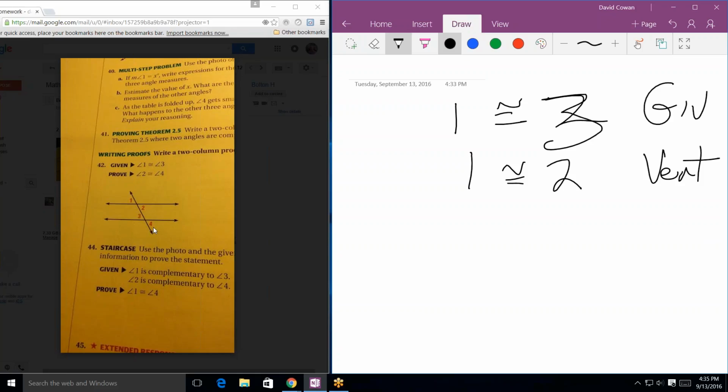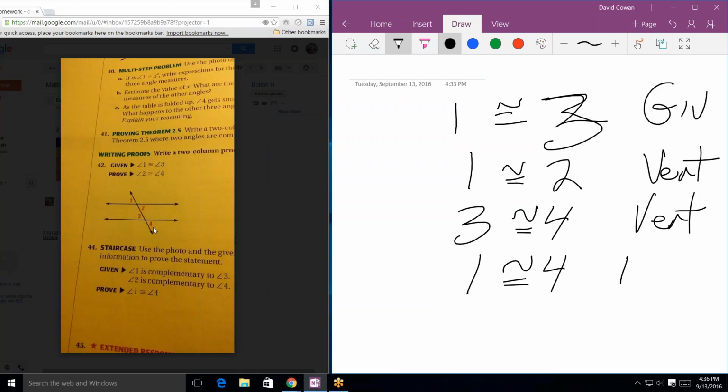And the next step we said was that 3 was congruent to 4 because of vertical angles. And that means that if 1 is congruent to 3 and 3 is congruent to 4, then 1 is congruent to 4 by transitive property. And since 1 is congruent to 2, then 2 is congruent to 4 by substitution.